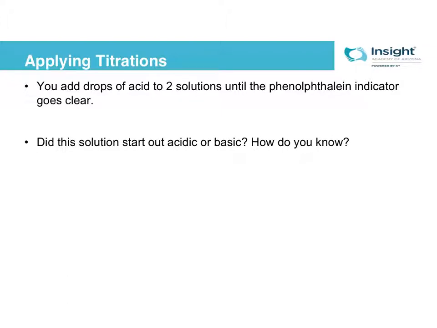So, for example, you're doing this in your lab. You add drops of acid to 2 solutions until the phenolphthalein indicator goes clear. So, first question to you: are your solutions starting out as acidic or basic, and how do you know? Think this one through for a second.